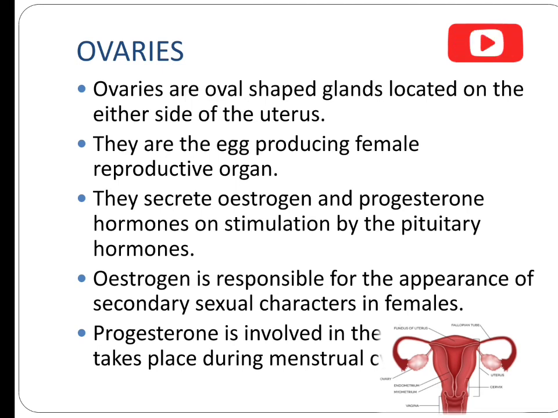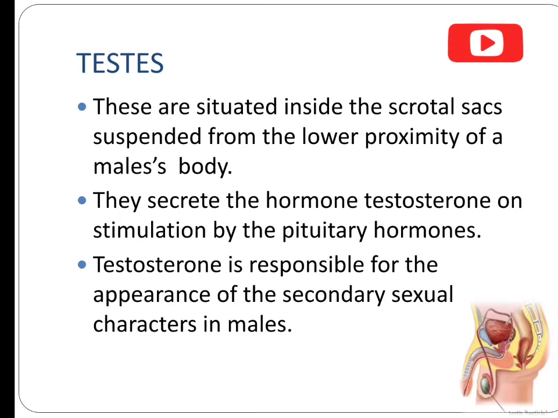So these are the secondary sexual characters. And progesterone is involved in the changes that take place during the menstrual cycle. So this is about the hormones produced by the ovaries.